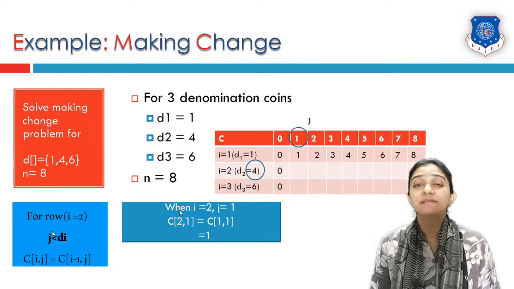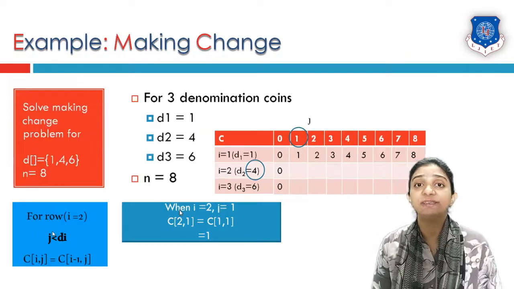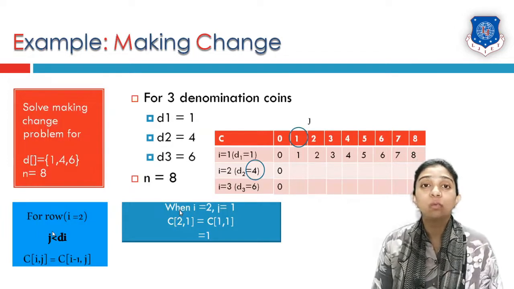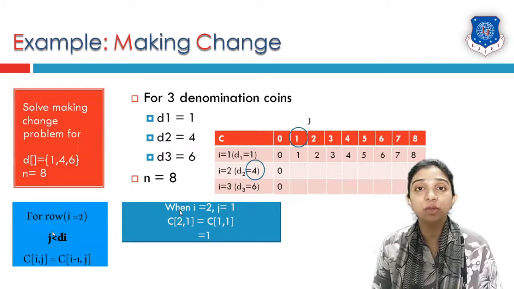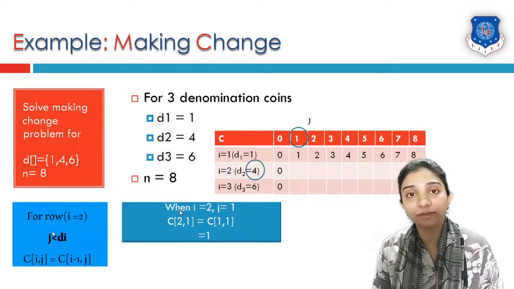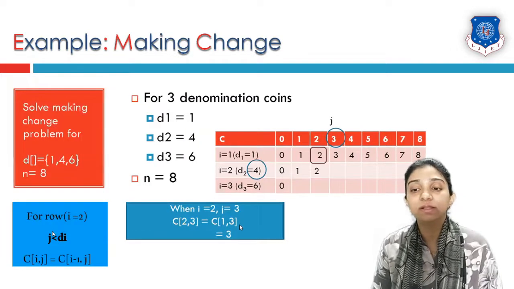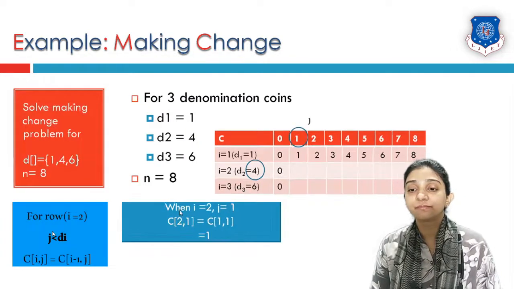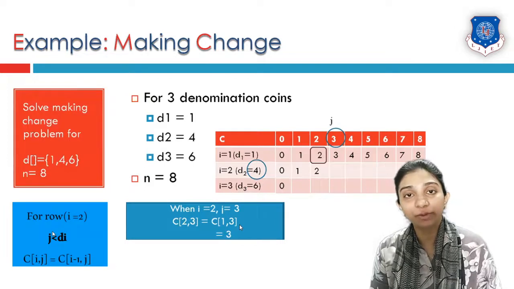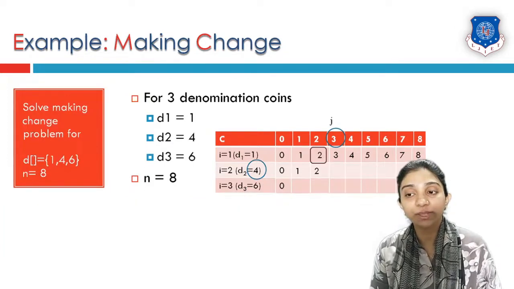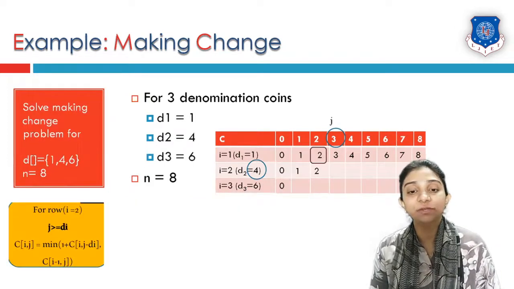So here when I is 2 and j is 1, 1 is less than 4, so cell number 2 comma 1 is equal to cell number 1 comma 1, that is equal to 1. Similarly, for row 2 column 3, we will make use of cell number 1 comma 3, that is equal to 3. So that will be substituted.